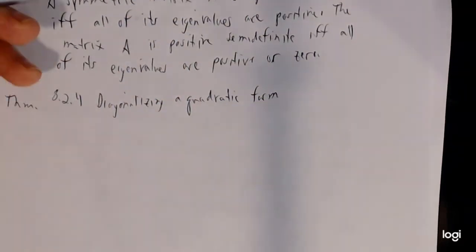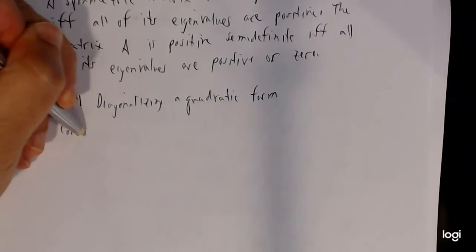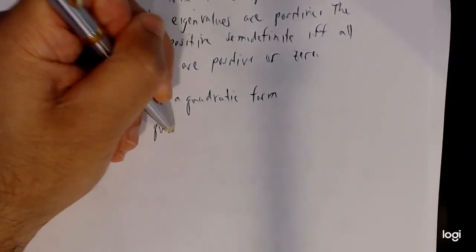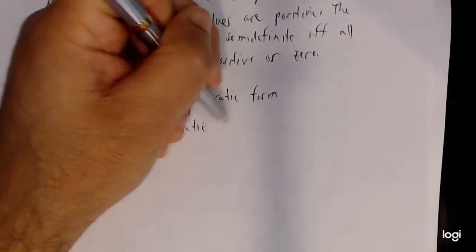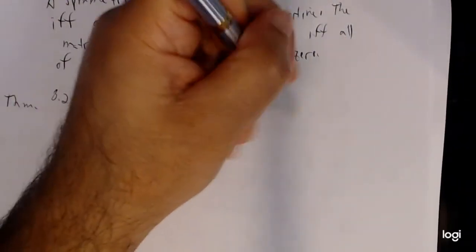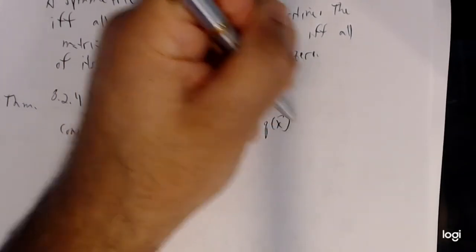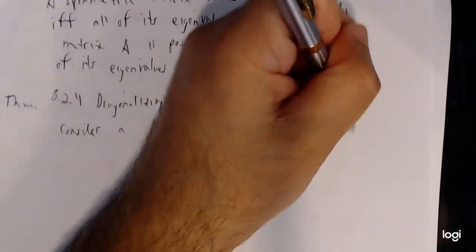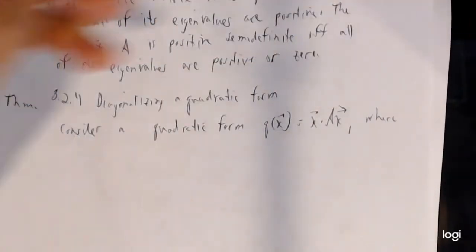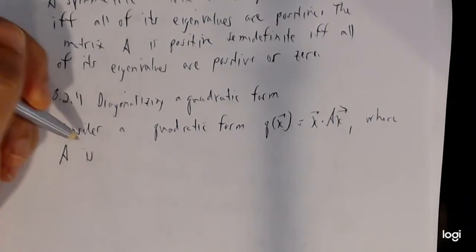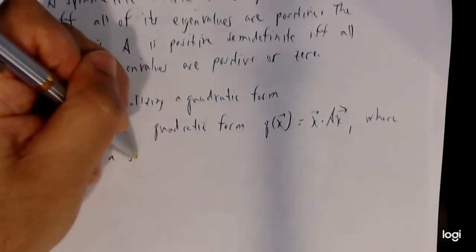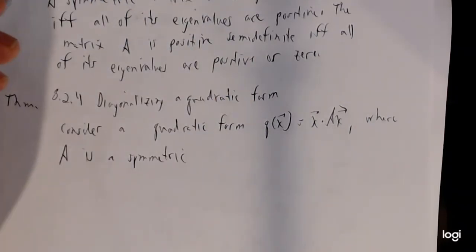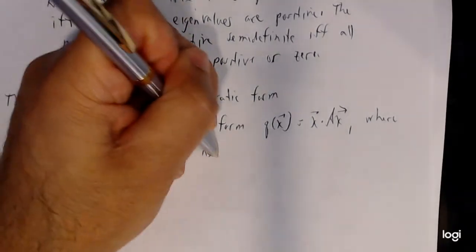Okay, so we would say consider a quadratic form q of x equals x dotted with Ax, where A is a symmetric n by n matrix.